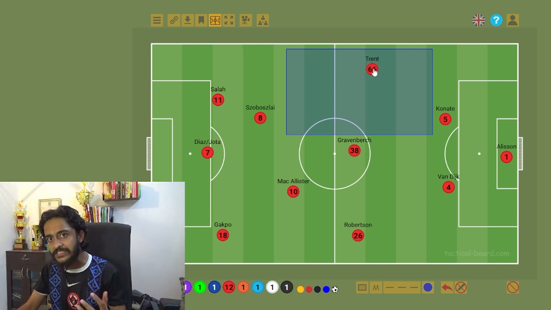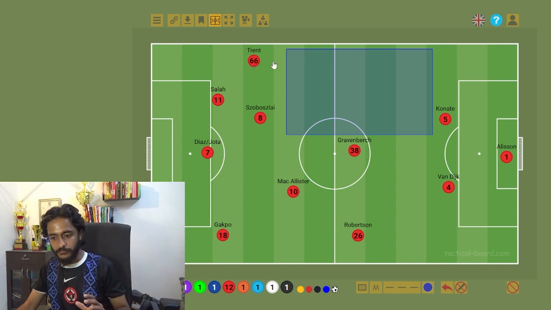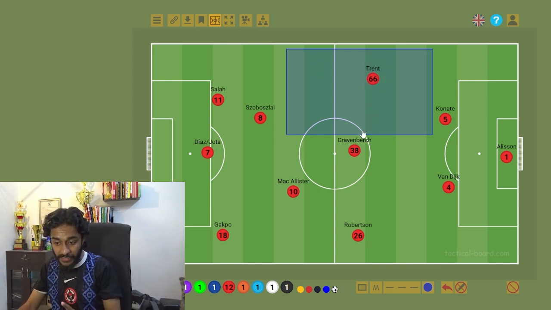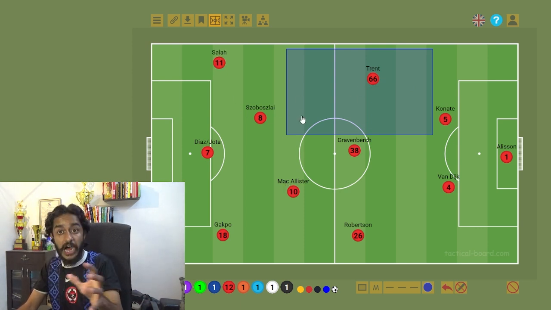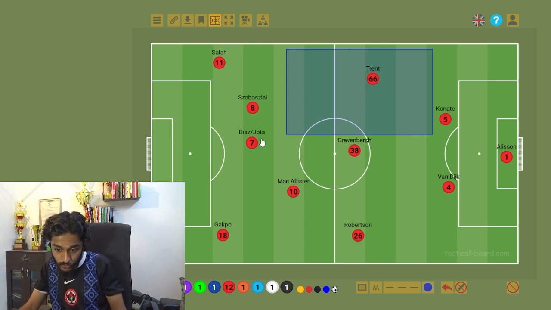Because what I think it does is, whilst Trent's crosses from this position are brilliant, from this position, he has more options. So from this position, he can play a pass into McAllister. He can play that fizzed, drilled pass into Szoboszlai, who can then, in half spaces, turn and make something happen. Who can play a brilliant pass if someone drops in like this.